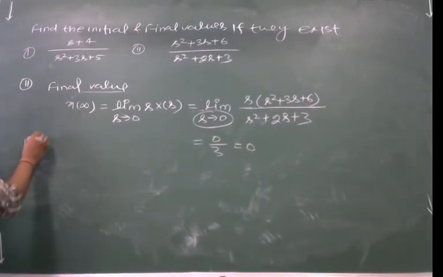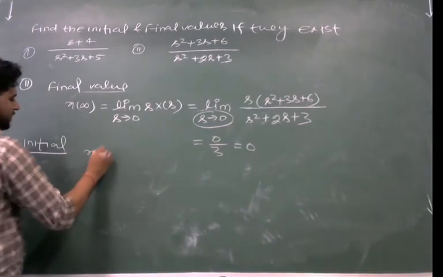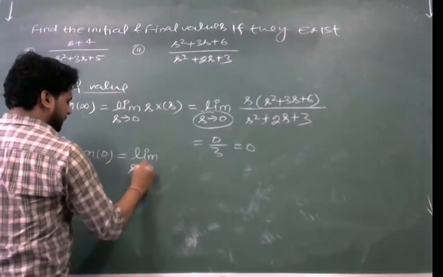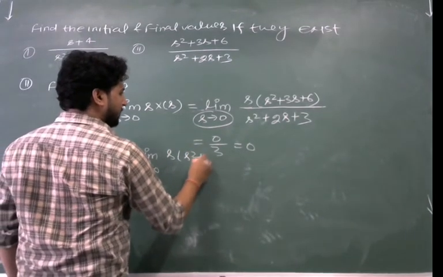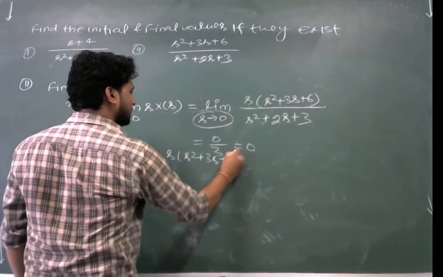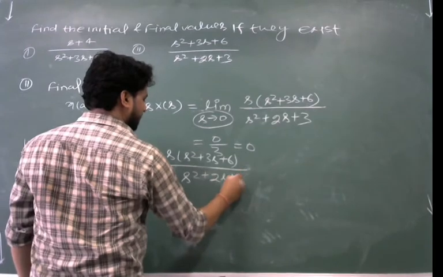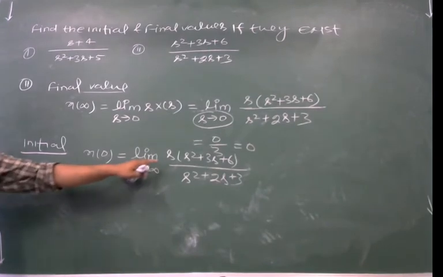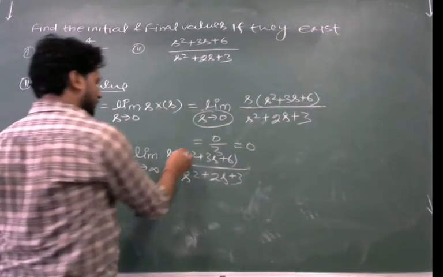And to get the initial value, we will apply x of 0 will be equal to limit s tends to infinity of s into s square plus 3s plus 6 divided by s square plus 2s plus 3. Now, to put s equal to infinity, we have to divide the numerator and denominator by the highest power of s, and this is s cube.